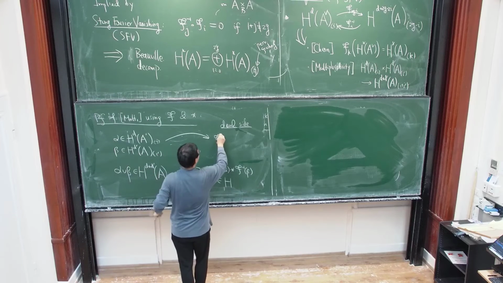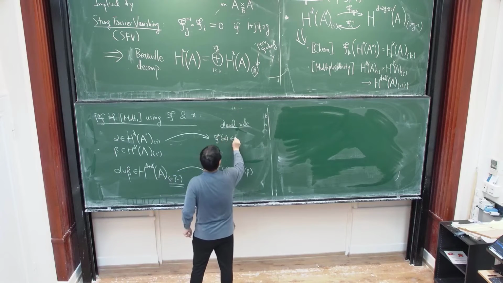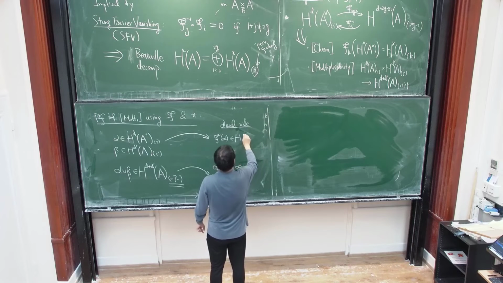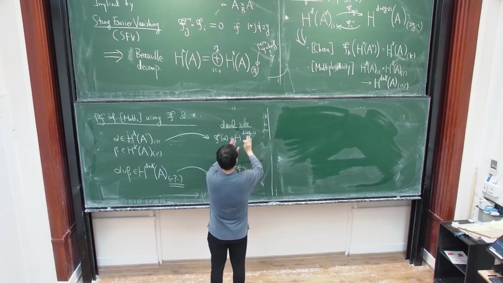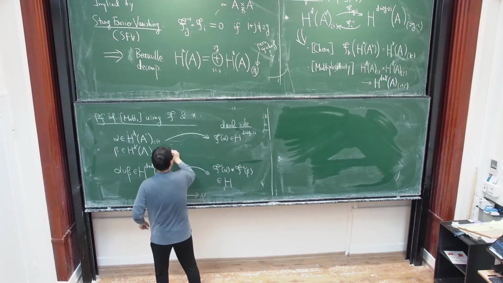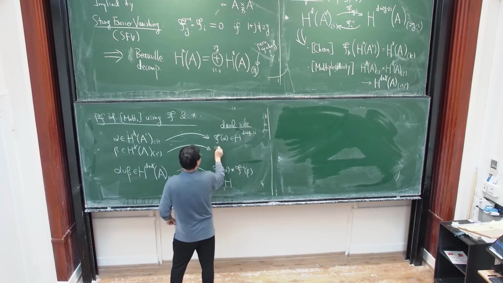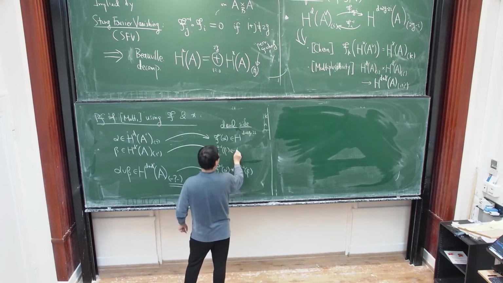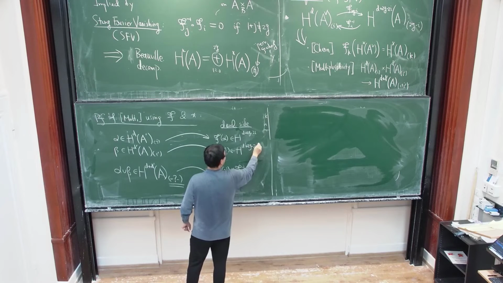So F inverse of alpha, looking at that formula, lies in H^(d plus 2g minus 2i). I can just ignore the second grading. This is F inverse beta, which lies in H^(d prime plus 2g minus 2i prime).